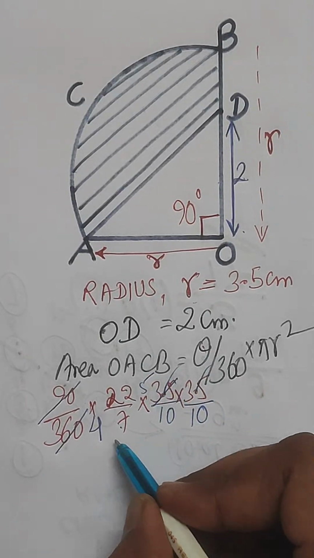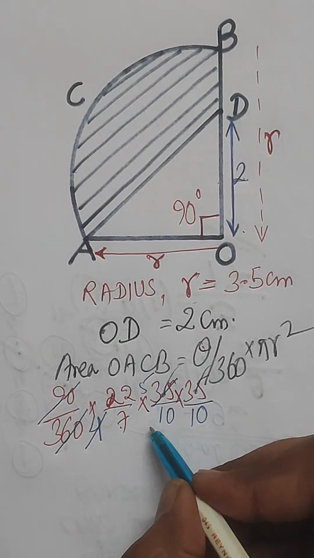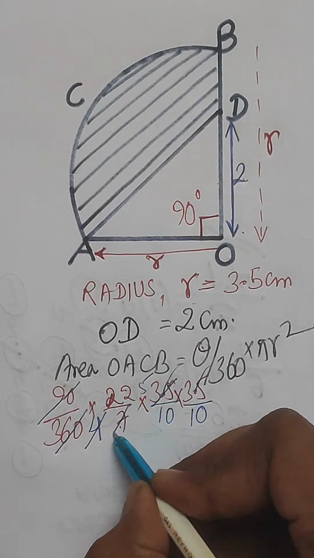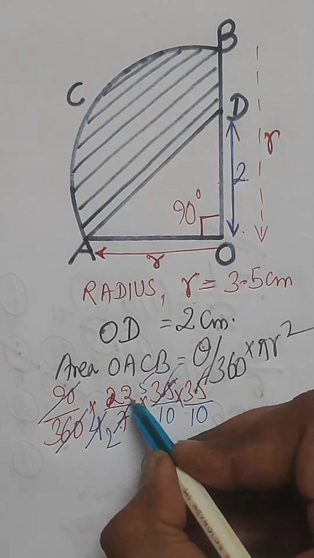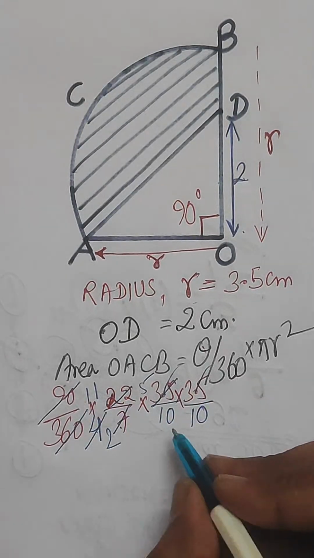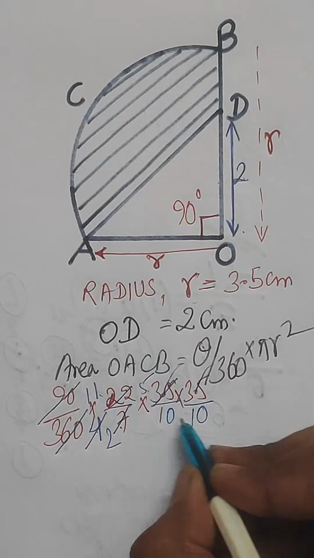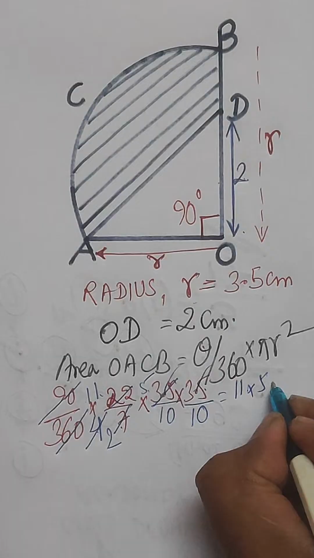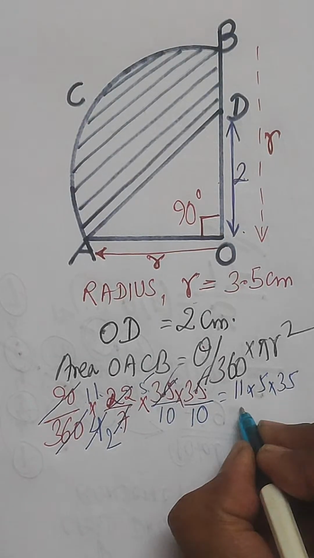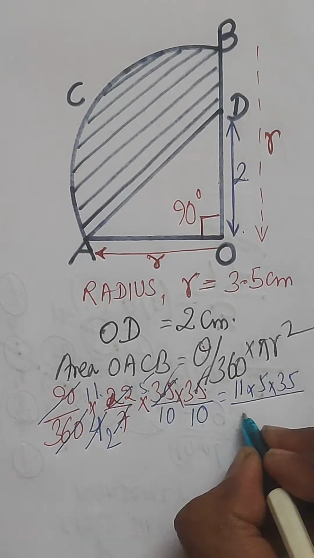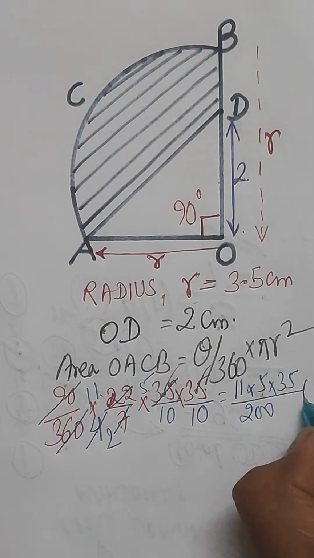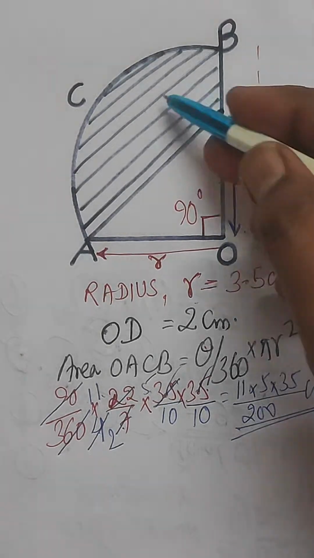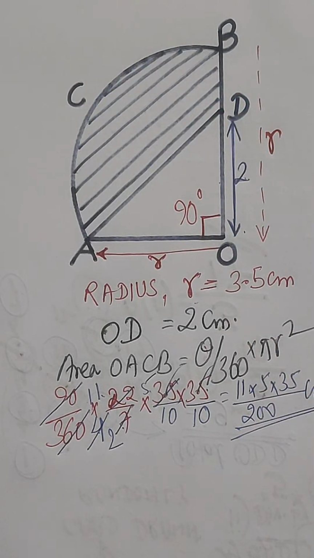Then 4, and again 7 in 35 is 5 times, then 22 by 4 gives 11. So this will be 11 into 5 into 35 by 200. I think you can easily solve it, students. Just find out this area. This will give you the area of the quadrant. I will not take that much time.